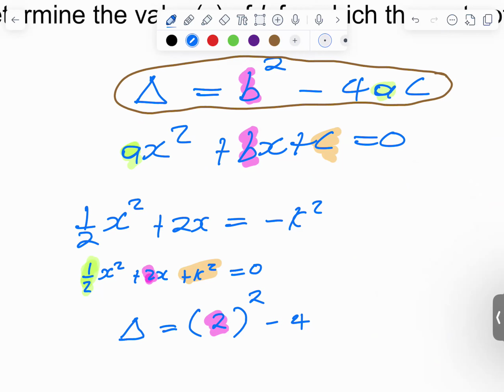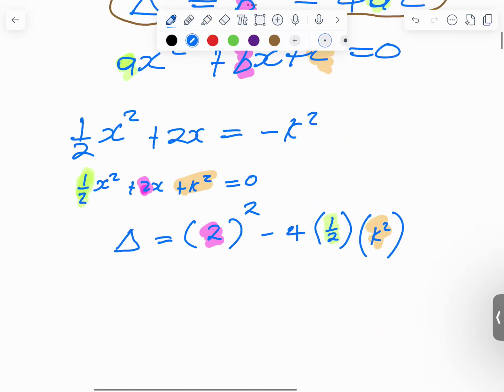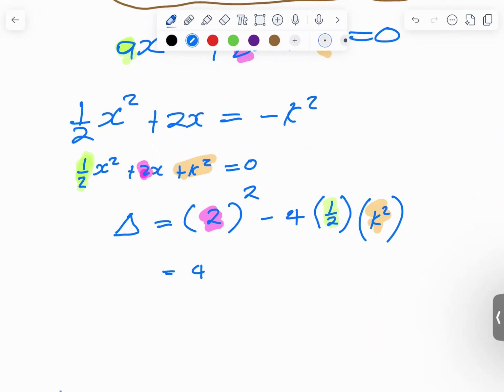And where there's c, I will substitute k squared. Simplify this. 2 squared is 4, minus a half times 4 will give you 2. It'll be 2k squared, and that's it.